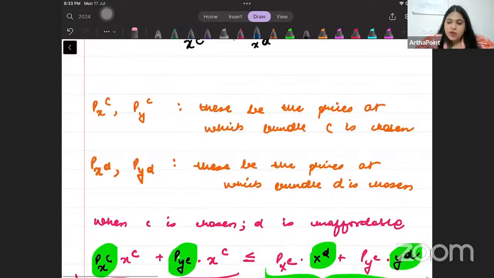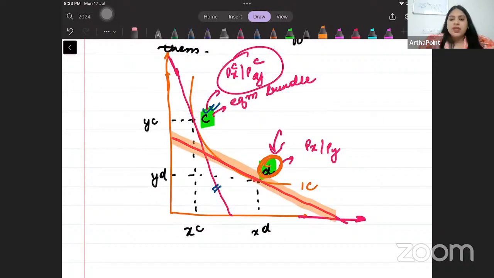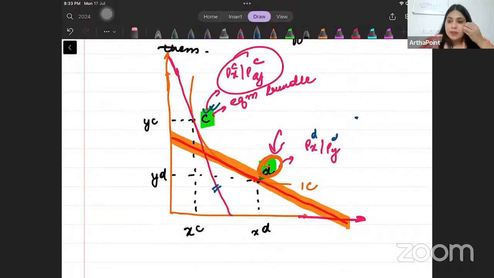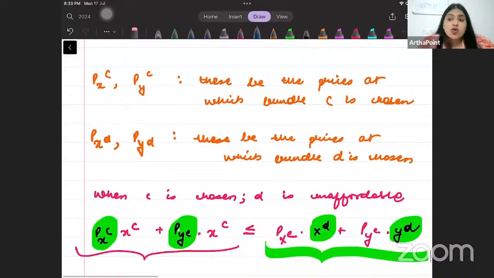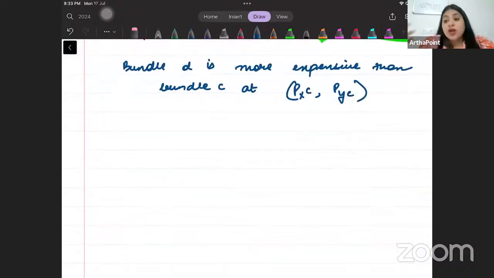Similarly, look at the next. When I choose bundle D, meaning here, this is the price ratio. Then C is unaffordable. C is not affordable at all. So when D is chosen, C is unaffordable. The expenditure on C is too high. C is more expensive.